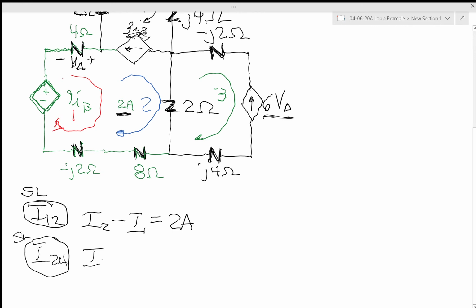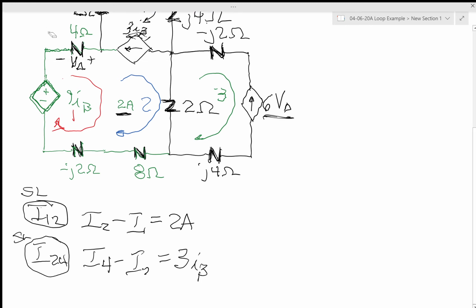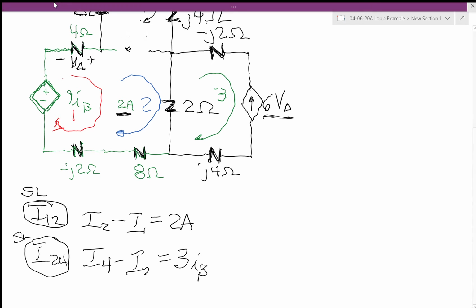This is going to be I4 minus I2 equals 3Iβ, wherever Iβ is. I don't know where Iβ is. Now then, I'm going to take that source out, I hope. I'm still trying to figure out what's going on here. Okay, so there's that. It's gone.